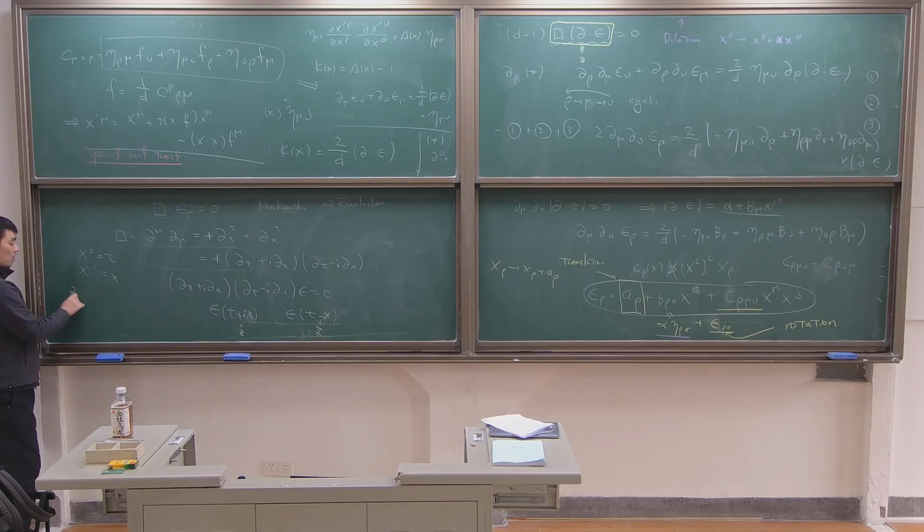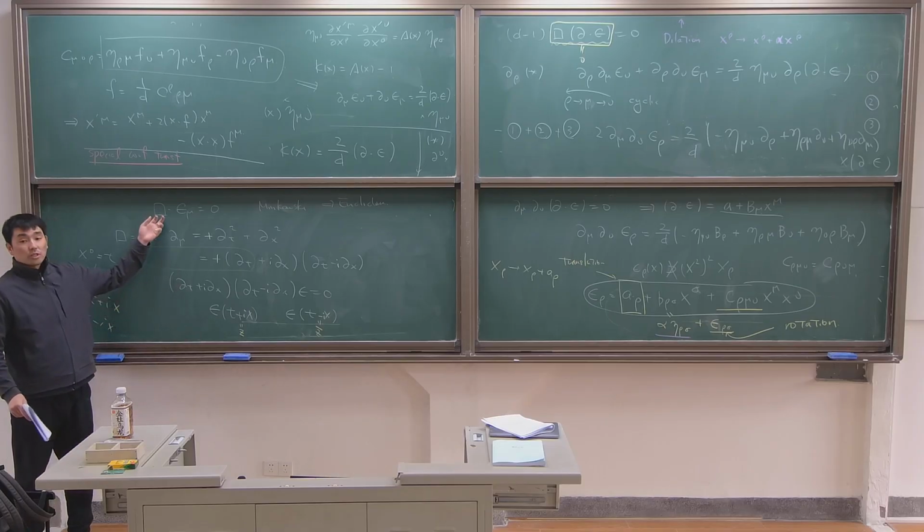So z is the holomorphic t plus ix, and z bar is t minus ix. All holomorphic functions satisfy this equation, this Laplacian equal to 0.